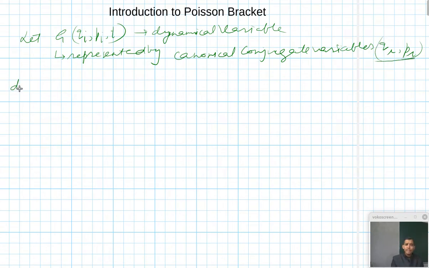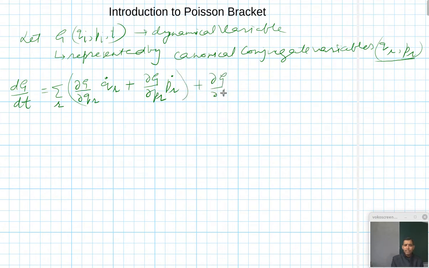So if I take the time derivative of this dynamical variable, that is dG/dt, then it can be written as summation over r of ∂G/∂Qr Qr dot plus ∂G/∂Pr Pr dot, plus ∂G/∂t.